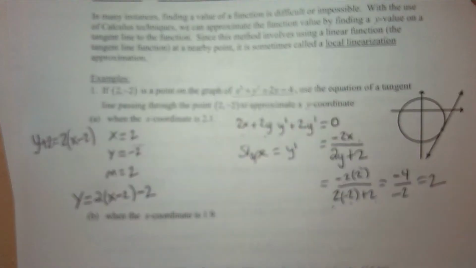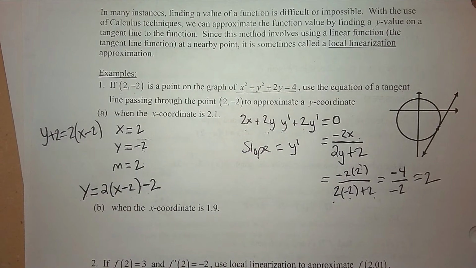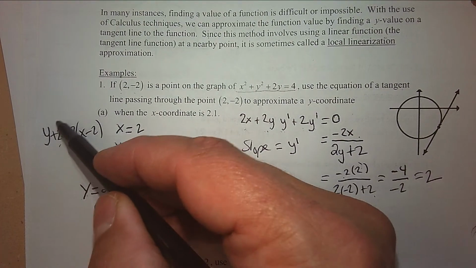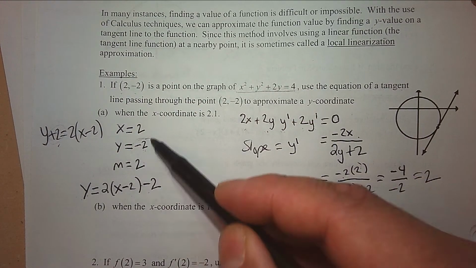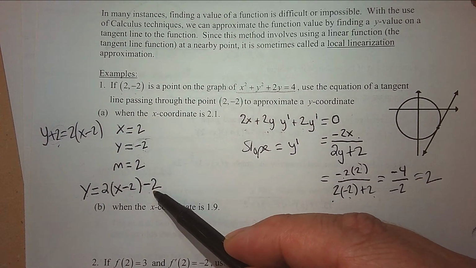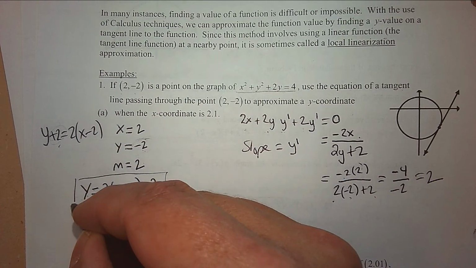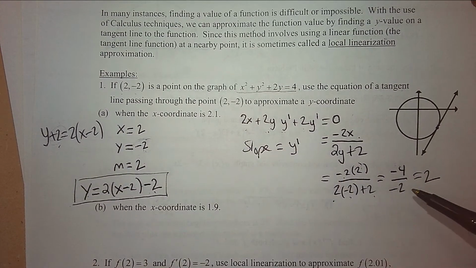Point slope form. HK says just get y by itself. So don't change the sign of the y coordinate, right? Just keep the y coordinate the same. Now this is the equation of a tangent line.